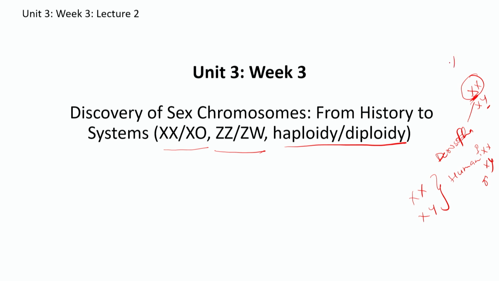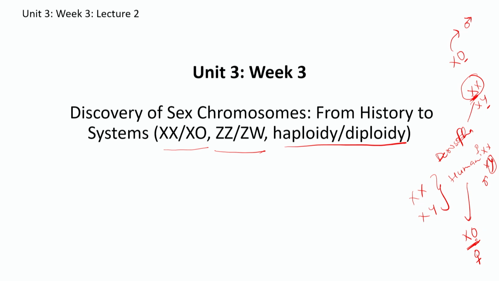In case of XO, if you don't have another X copy, then it becomes a male. Whereas in case of human, you absolutely need the Y chromosome, because of the presence of the SRY gene. And if you don't have a Y chromosome, if it is an XO, then it will be a female here, because you don't have a Y chromosome, right.